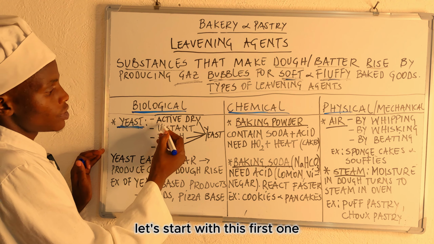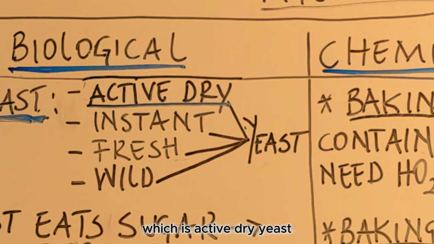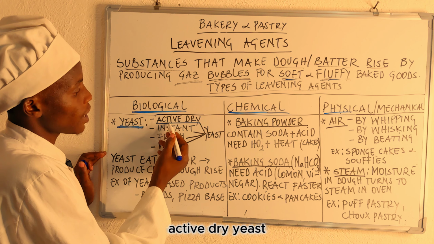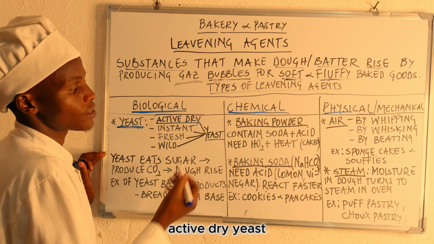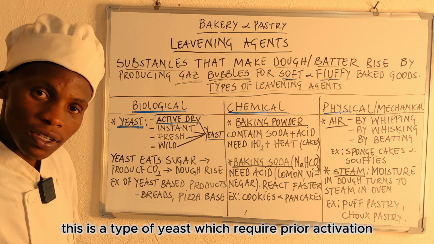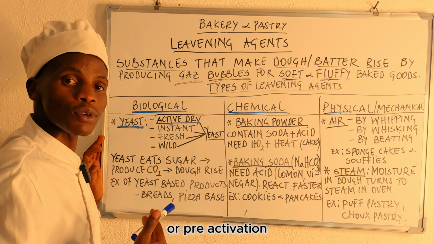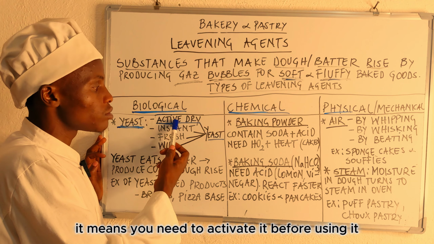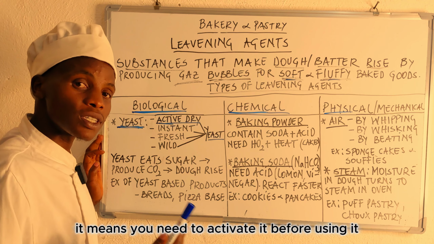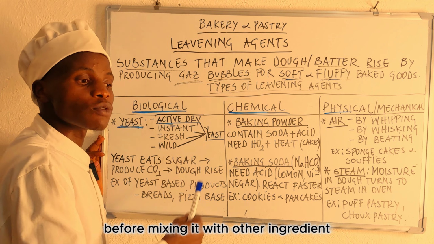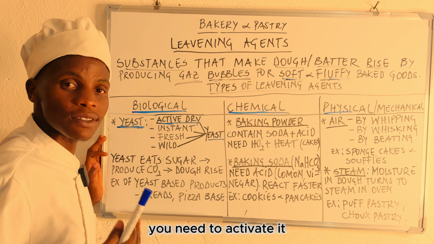Let's start with this first one, which is active dry yeast. Active dry yeast is a type of yeast which requires prior activation, or pre-activation. It means you need to activate it before using it. Before mixing it with other ingredients, you need to activate it.